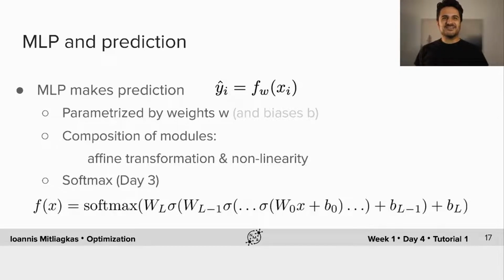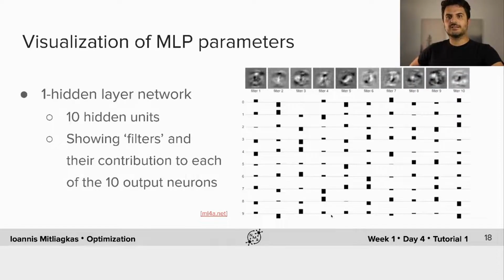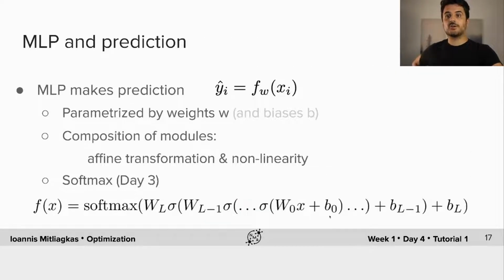Okay, so how does our MLP look like? It has the structure that you see at the bottom. We're composing layer by layer the sequence of the following transformations. We have an affine transformation. We take the input x, we do a matrix vector multiply, plus we add this constant vector.